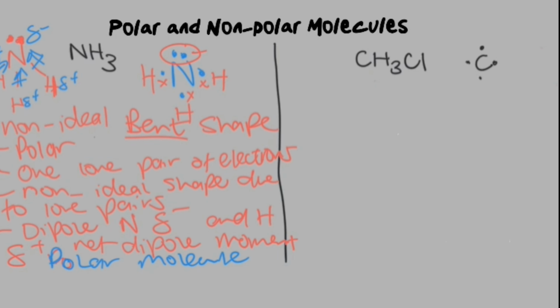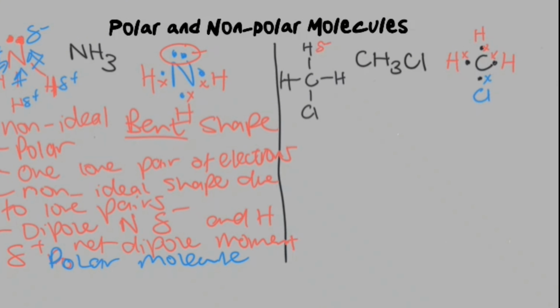Carbon has 4 valence electrons. Then it says that there are 3 hydrogens and a chlorine. Right, so let's see. Let's draw it this side with the dipole moment. So you can see.